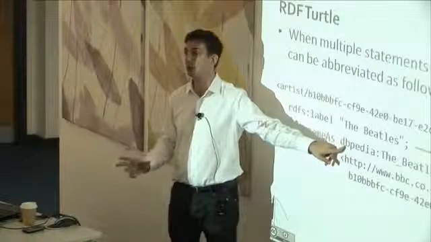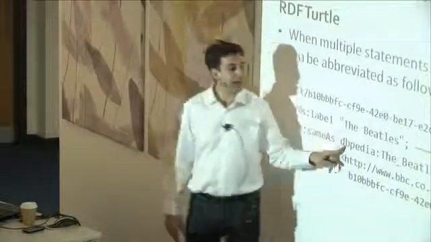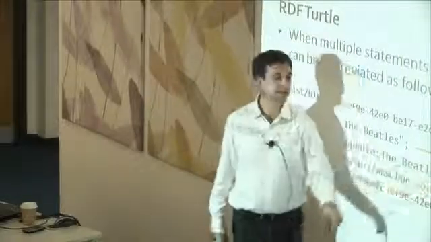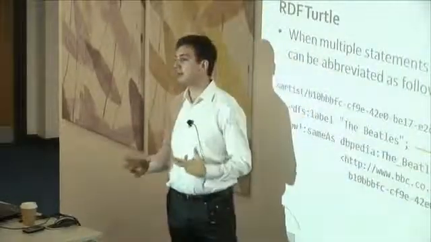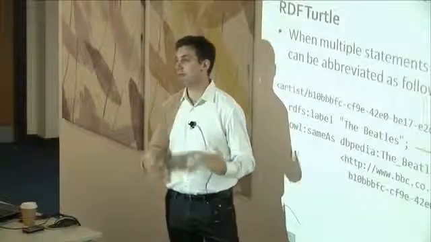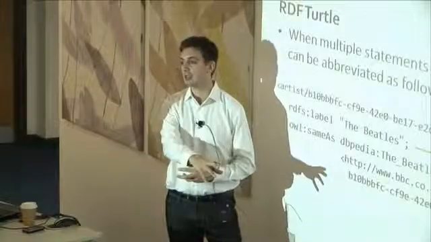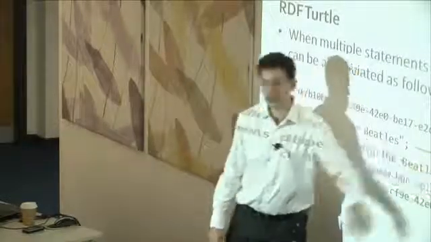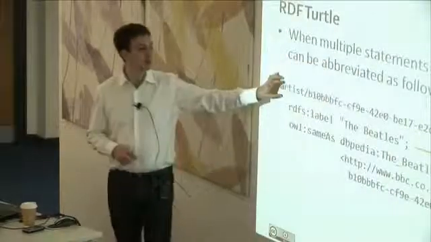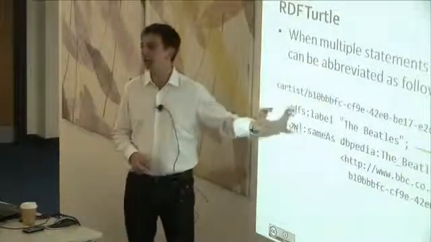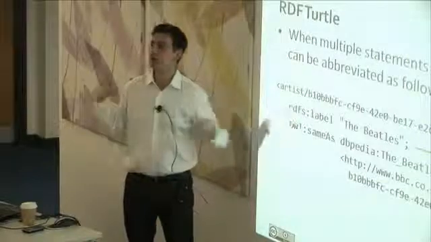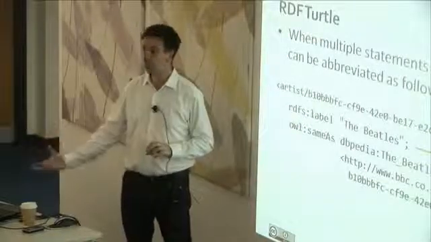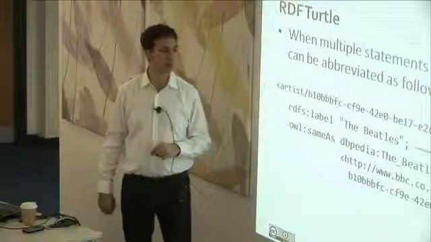And an object, the first object to that, is the one that we saw before, DBpedia's URI for the Beatles. But again, instead of using a full stop, and instead of using a semicolon, which would mean now we're going to talk about a different relationship for the same subject, the comma says we're still talking about the same subject and the same relationship, the same predicate. We're just going to give another object to that relationship for that subject.